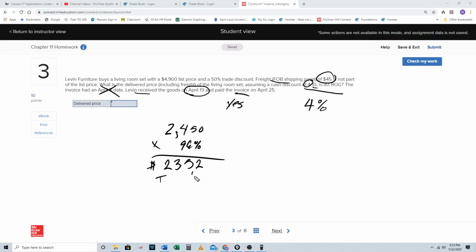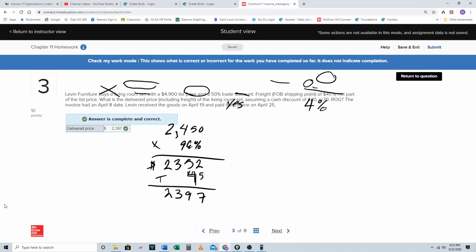Add the $45 on to it, because we don't know what they paid for the delivery price. So what is the delivery price? And you have to pay shipping. Check my work. Done.